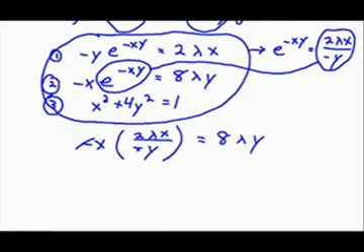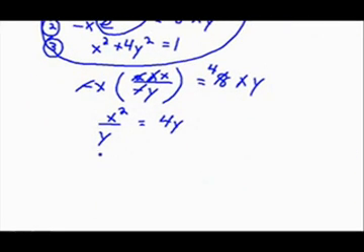Okay, so the negatives cancel. Divide both sides by 2, get 4 on the right side, and cancel out the lambdas. And you're left with x squared over y equals 4y, or x squared is equal to 4y squared.